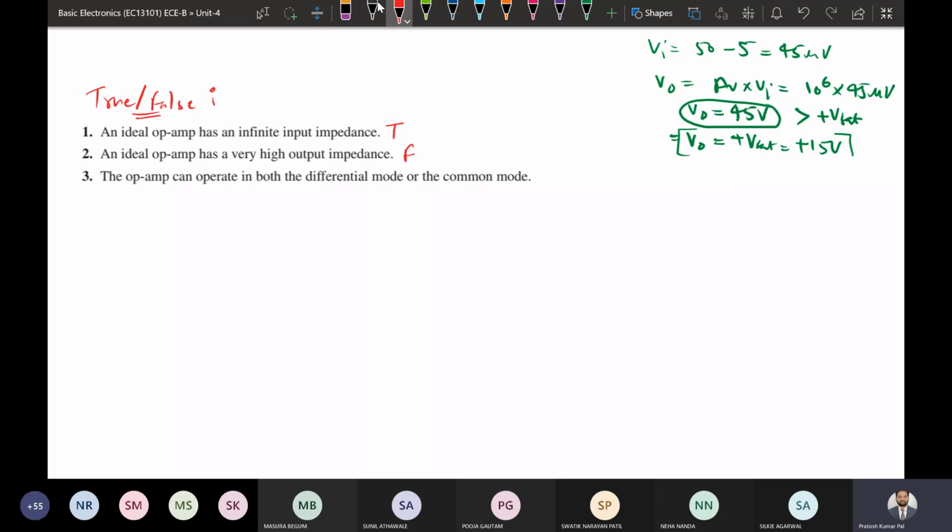The next one: the operational amplifier can operate in both differential mode and common mode. Is it true or false? Yes.